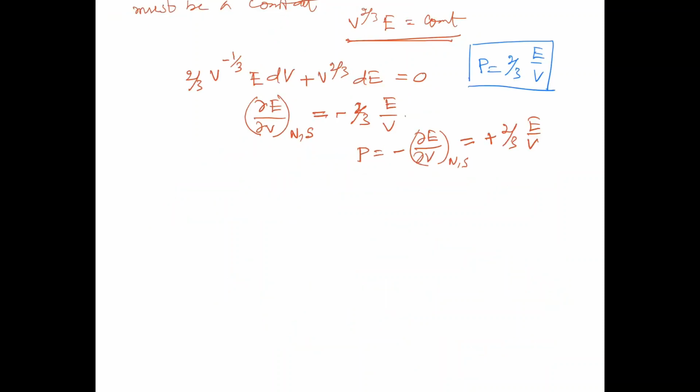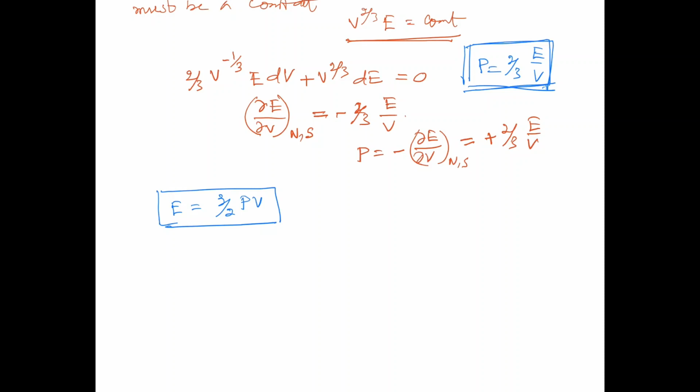Now this relation gives E equal to 3/2 PV, and that is a well-known relation in thermodynamics. So this equation, P equal to 2/3 E by V, is the pressure of a system of non-relativistic, non-interacting particles, and it is precisely equal to 2/3 of its energy density.